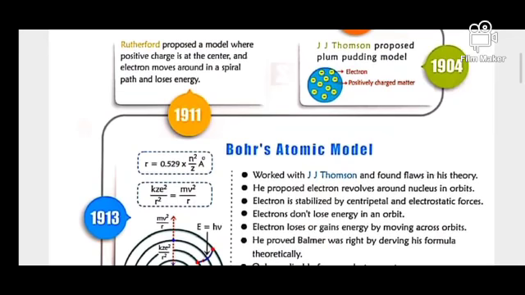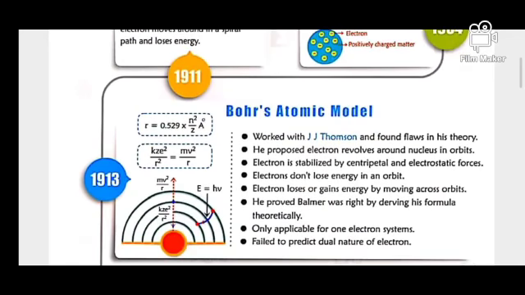After that, a scientist named Niels Bohr proposed an atomic model. He proposed that the electron revolves around the nucleus in a certain, stable orbit. He said a very important thing here: that the electron revolves, it is correct, but in a certain and stabilized orbit.